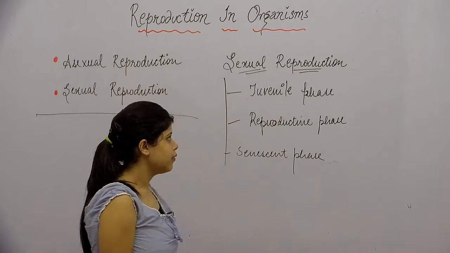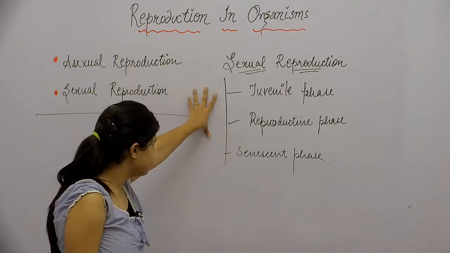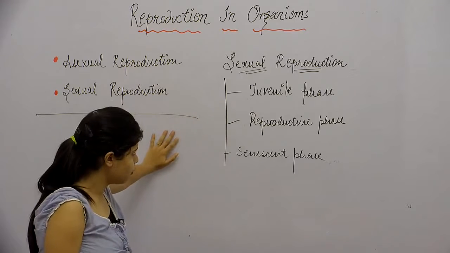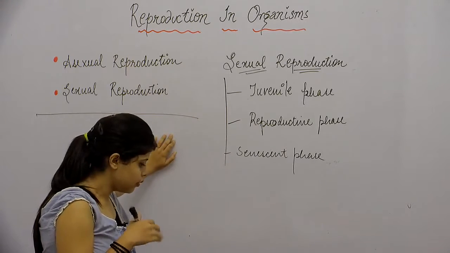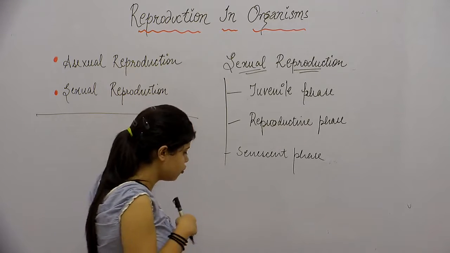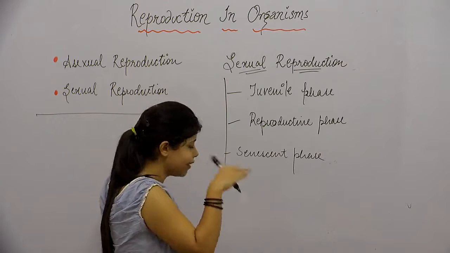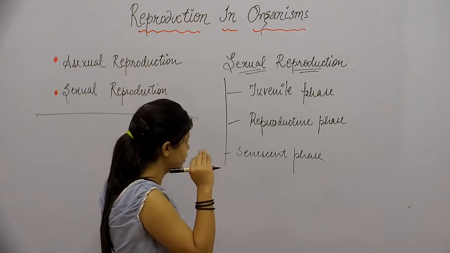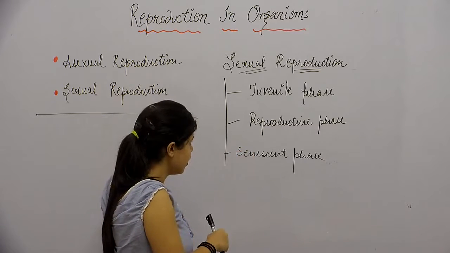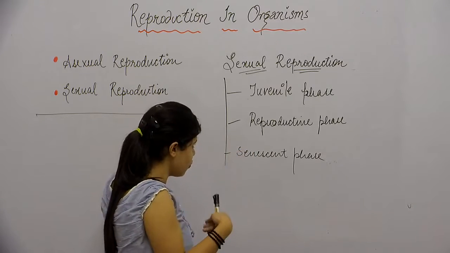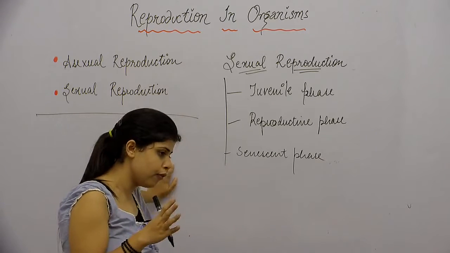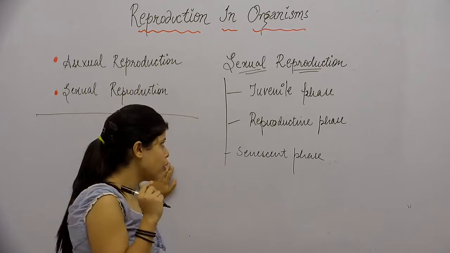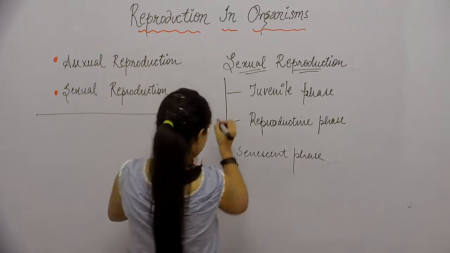Well, the juvenile phase is the period of growth of the organism before it reaches a certain amount of maturity. It's the period of its growth where it finally reaches a certain amount of maturity before it is actually capable of reproducing.